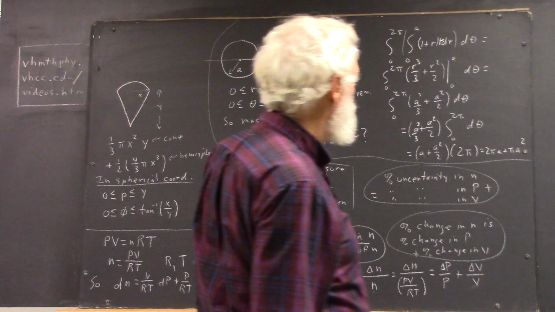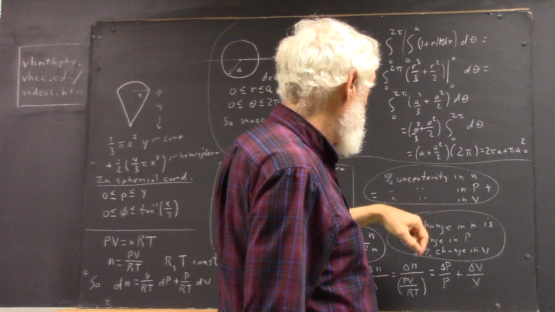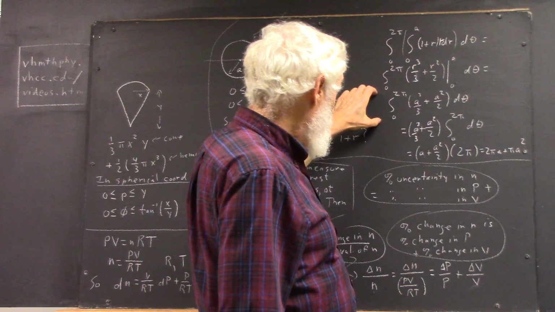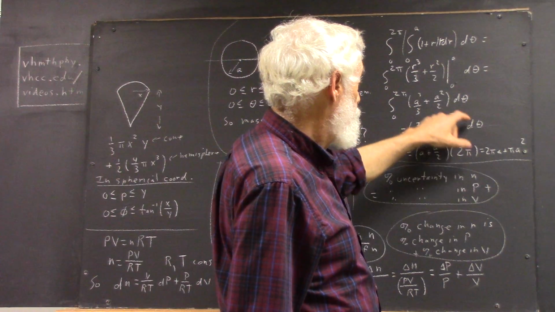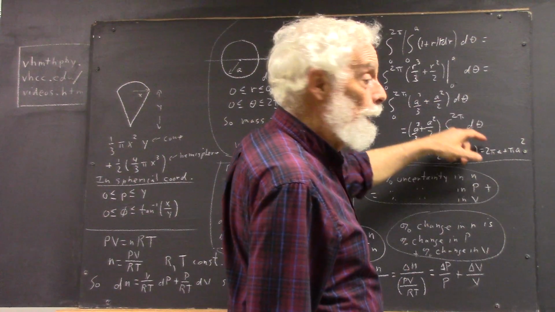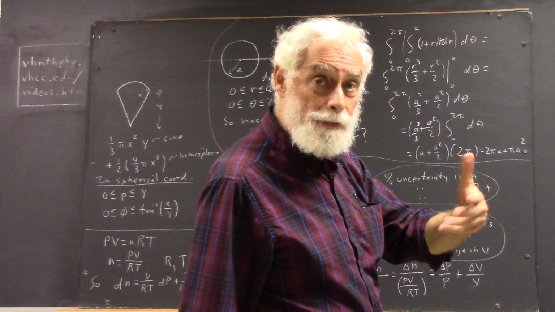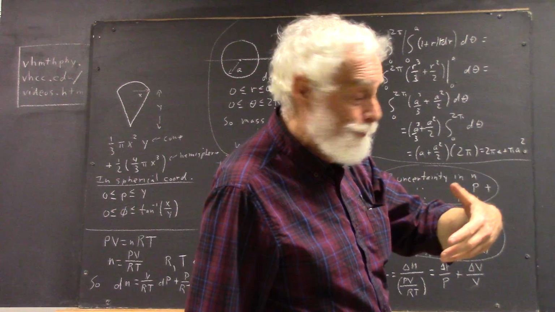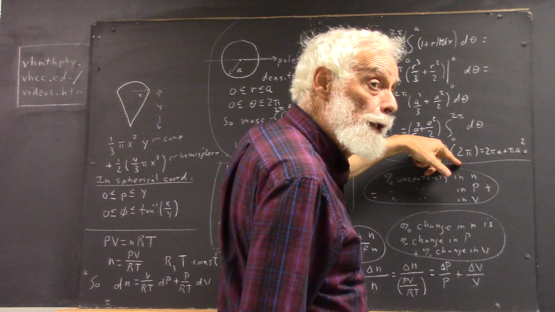And our a cubed over 3 plus a squared over 2 is just a constant, since the a is just the radius of the circle. So we can factor that out of the integral, and now we just have the integral from 0 to 2 pi of d theta. And the integral from 0 to 2 pi of d theta is just theta, evaluated between 0 and 2 pi, which gives us 2 pi.